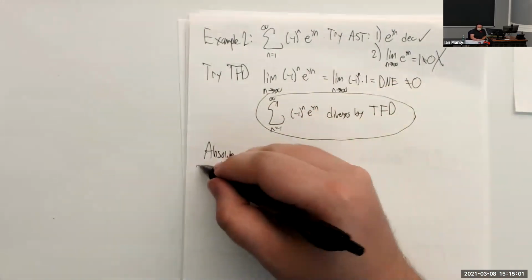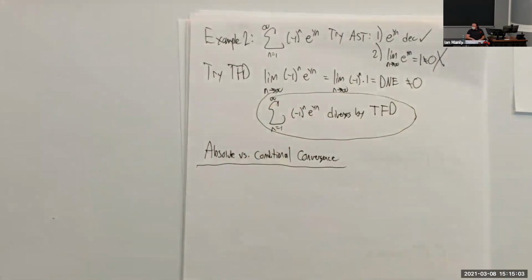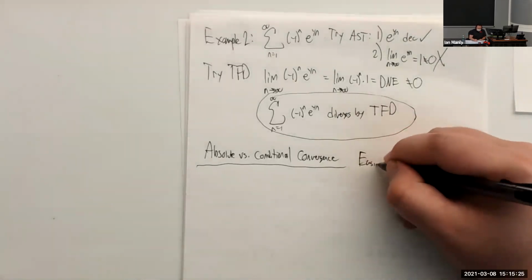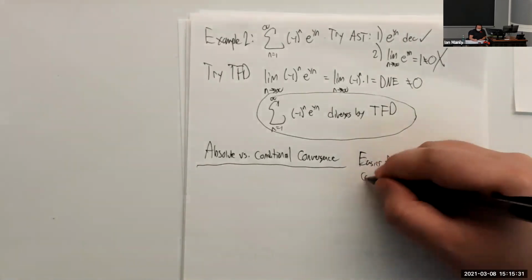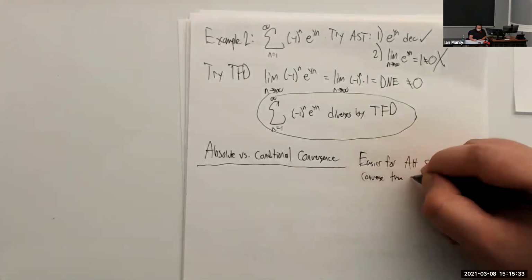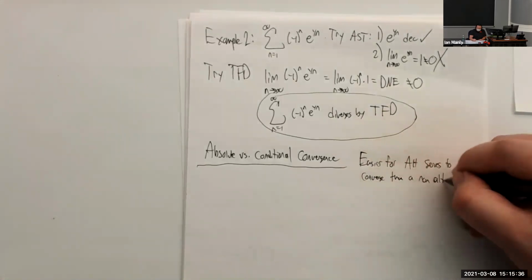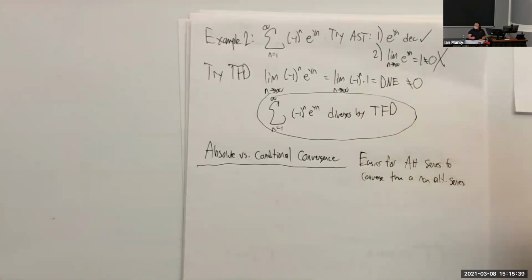Well, these hinge on the idea that it's easier for an alternating series to converge than it is for a non-alternating series to converge. Okay, why is that?